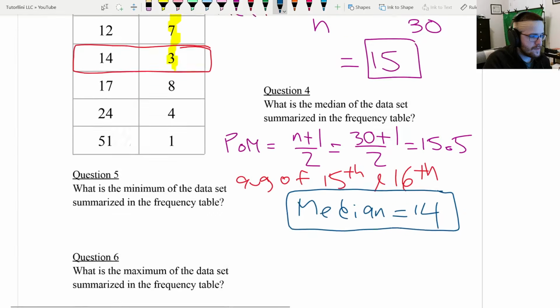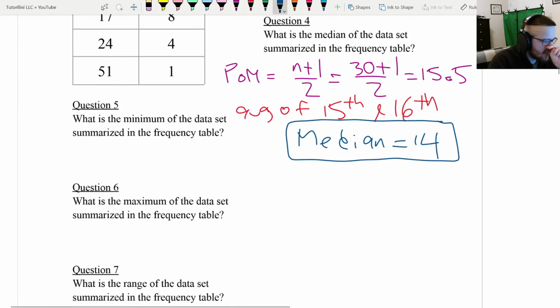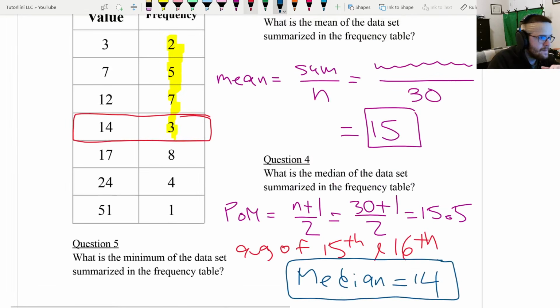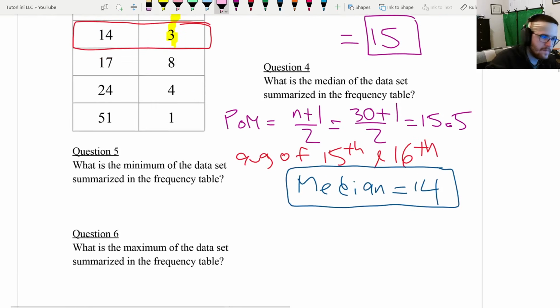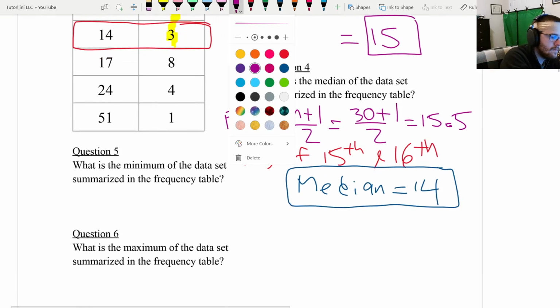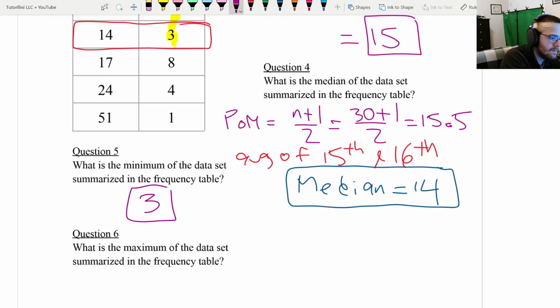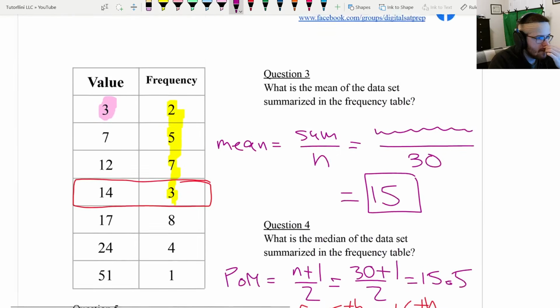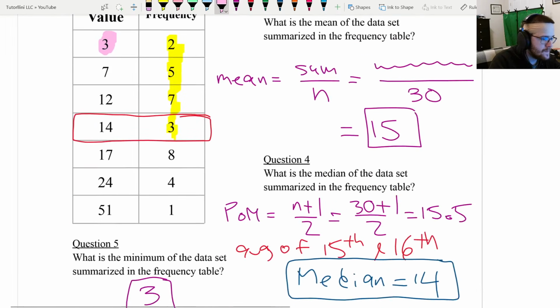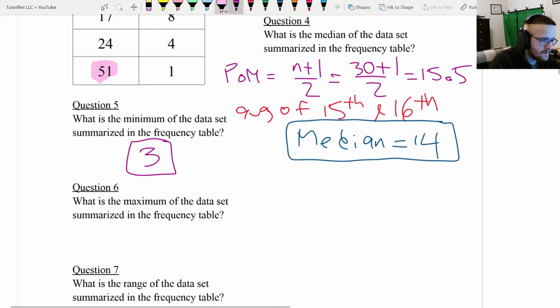Okay, great. What is the minimum? Okay, that's just the smallest value. So that is 3. Let's put 3. Maximum, that's just the biggest value. So that's 51.